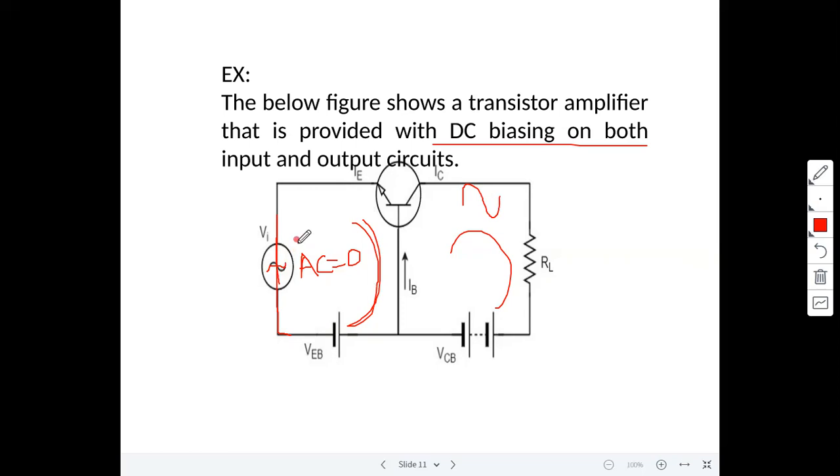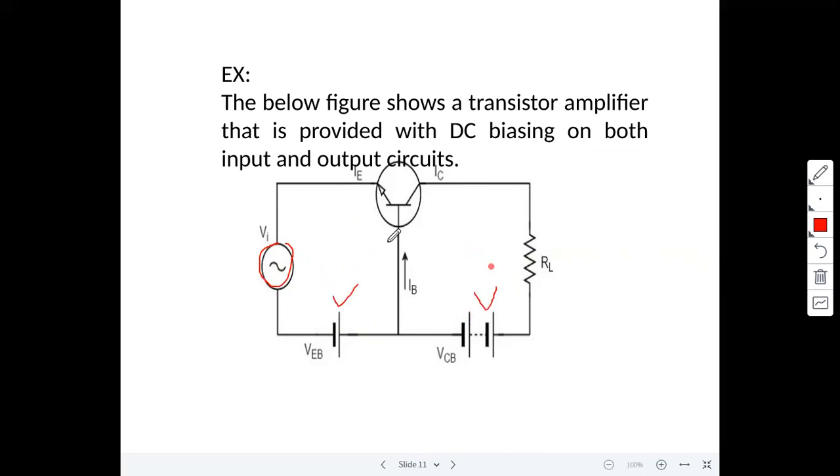So this is your actual AC input signal, a sinusoidal signal. This is VI, and the purpose of VEB and VCB is to provide a bias to keep the transistor in the active region. After that only we apply the signal, right? Without input or without bias, the transistor cannot act like an amplifier.